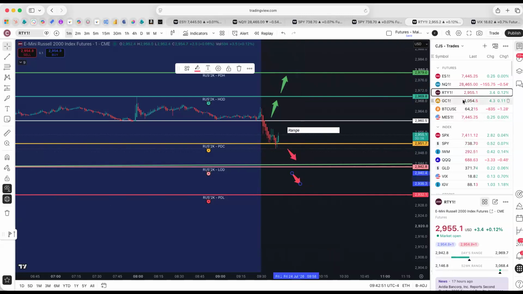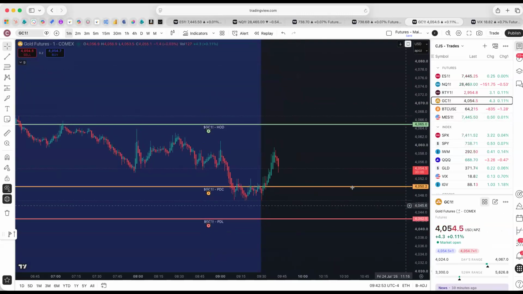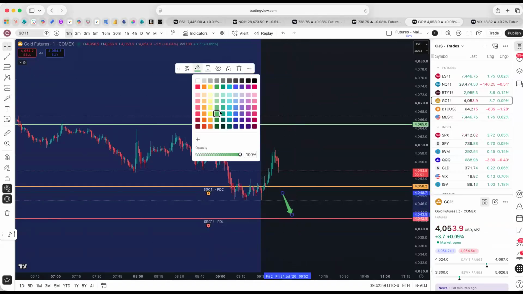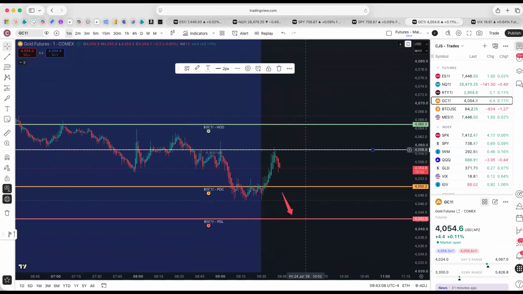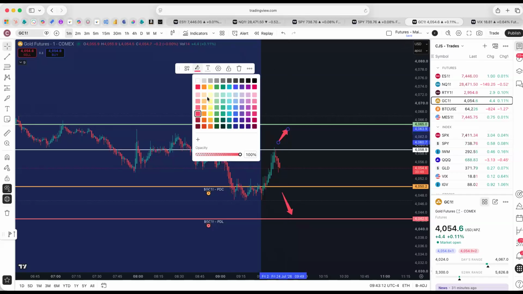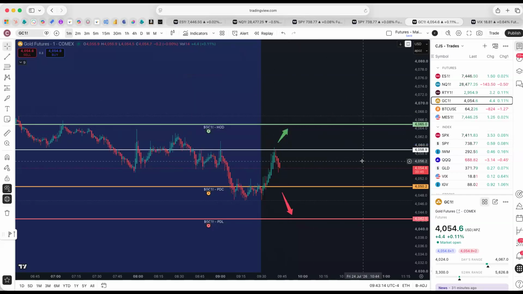Gold probably carrying the same thing. If you want to trade MGC, I believe it will be this, mini gold below PDC. Calls will just be, I think, around here, or buy will be here. Okay, so mark these things for what you want to trade.